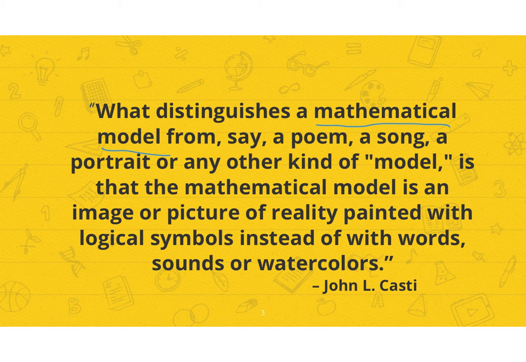So mathematical models are what we're going to be working with pretty much all year in Algebra 1. You've been working with them your entire math life. You just don't realize it. We model things in all different kinds of ways. But in math, when we use a mathematical model, we use logical symbols to make sense of things that are happening in the world, to make sense of the world around us.